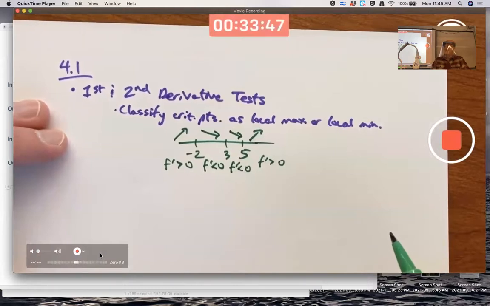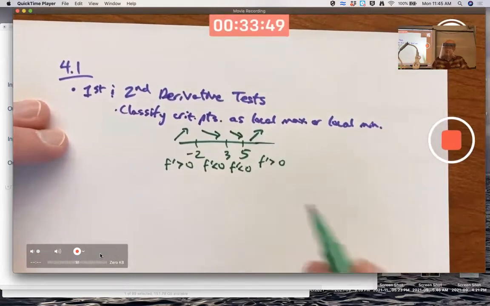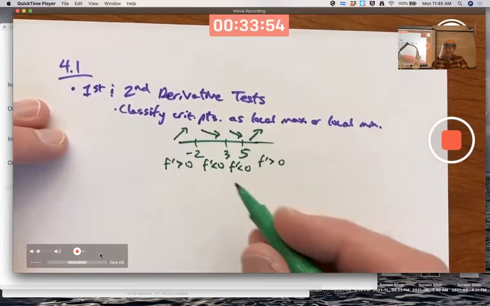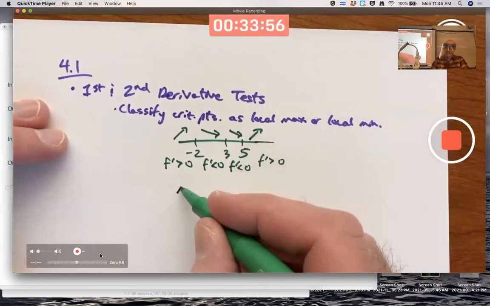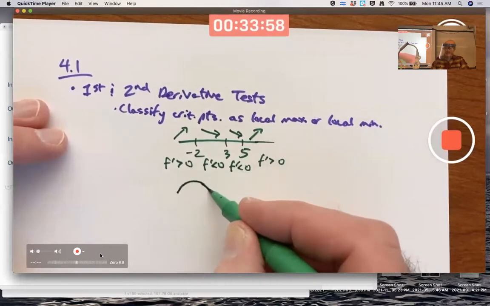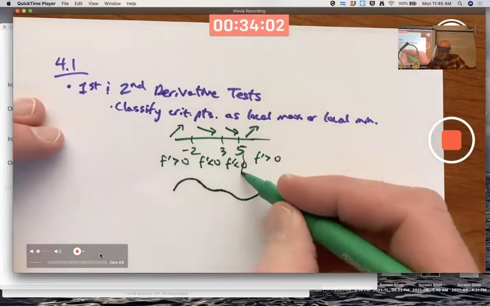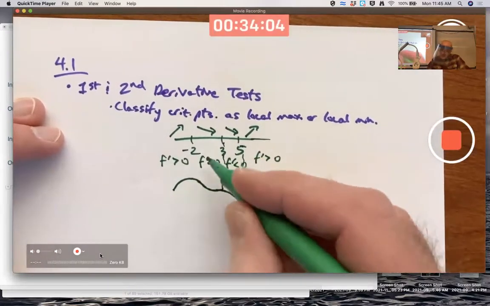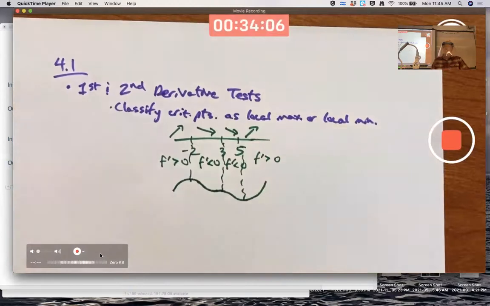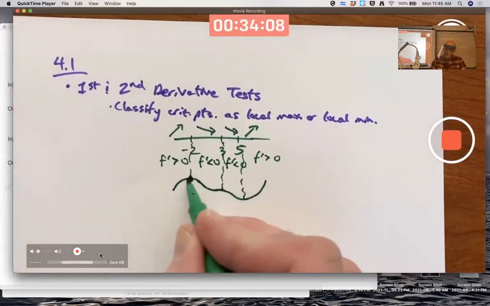I'm implicitly assuming it's a nice function, the derivative's continuous, that kind of thing, to say this. That means your graph of your function would look, in this case, maybe something like this. Something about like that. And that's telling you, you got a local max right there, a local min right there.